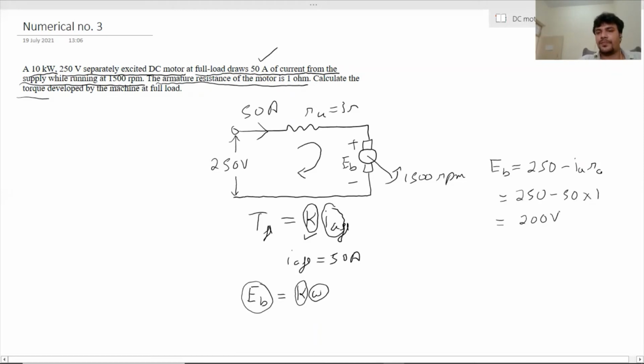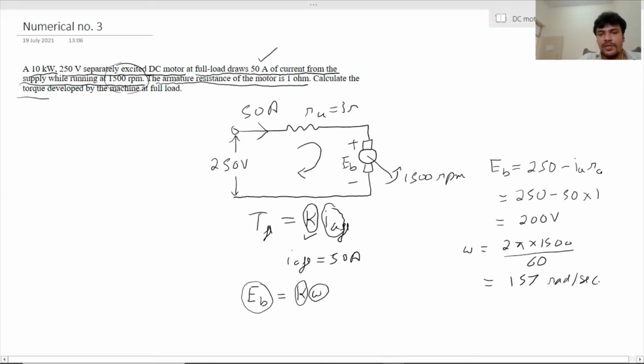Now calculating the speed in radian per second. The speed is given in RPM, 1500 RPM. So 2 pi into 1500 divided by 60. This is coming out to be 157 radians per second.